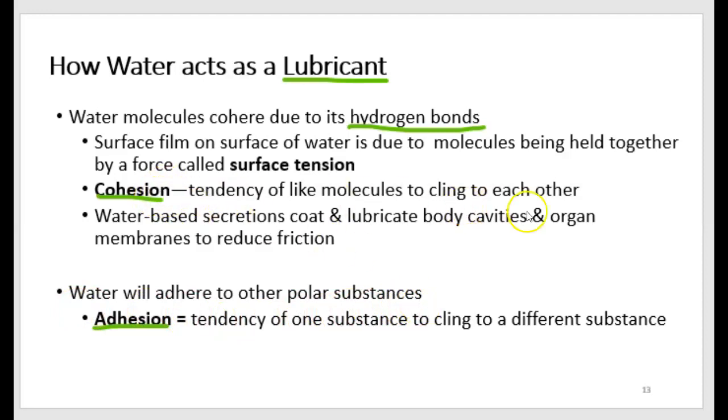In cohesion, what we see is that multiple water molecules are attracted to one another. So both of these characteristics, cohesion and adhesion, even if the difference doesn't make much sense to you, makes water an ideal lubricant for coating body cavities and organs in the body.